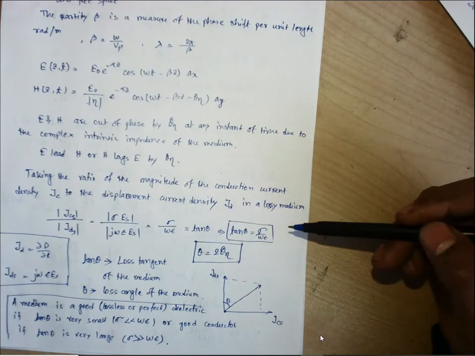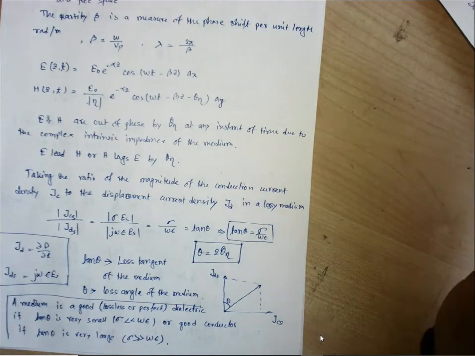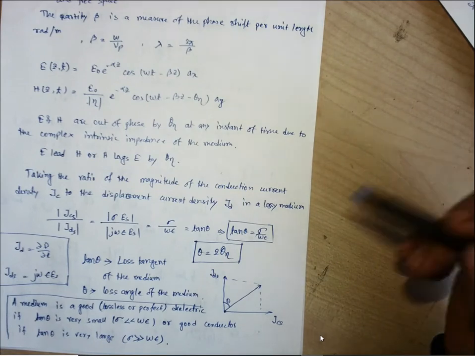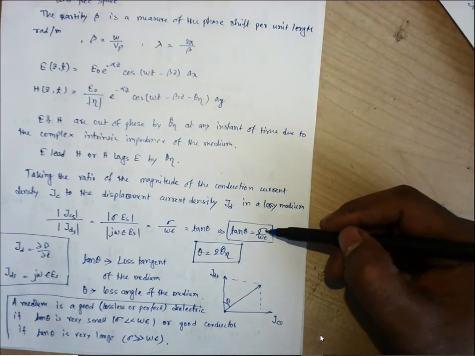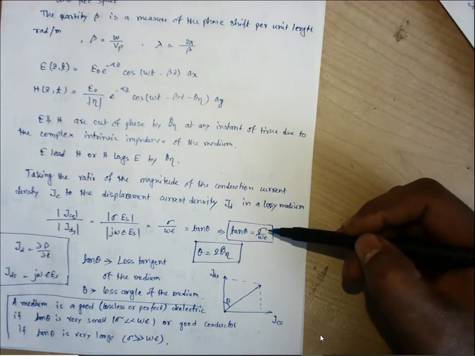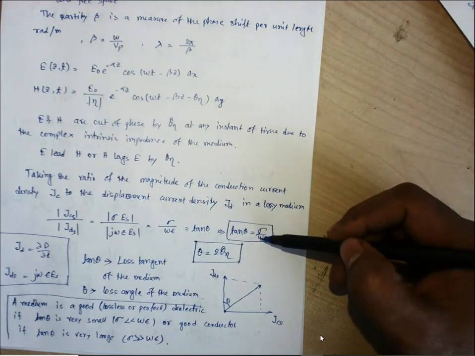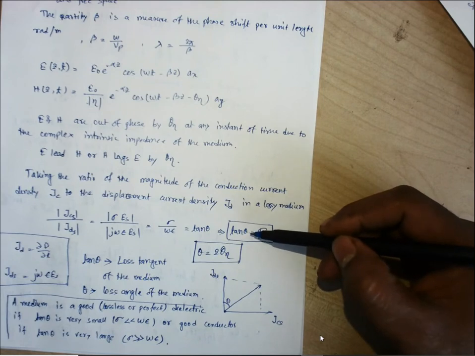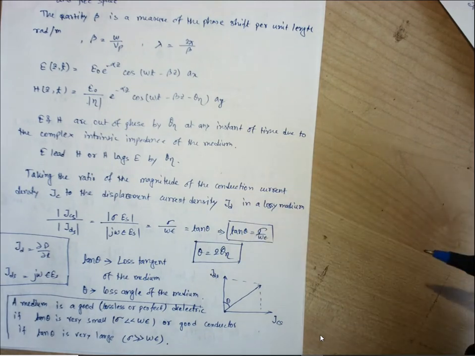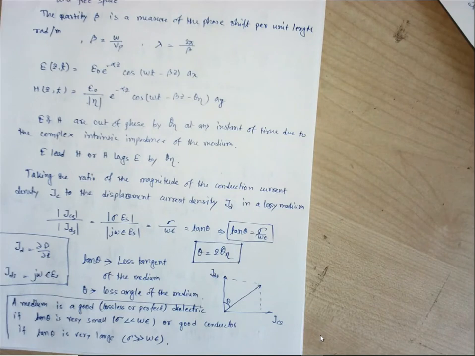So for a particular medium, let us consider omega, sigma and epsilon are fixed. If on that medium we operate with a low frequency signal, the medium will act as a good conducting medium. That medium may be regarded as a good conductor.